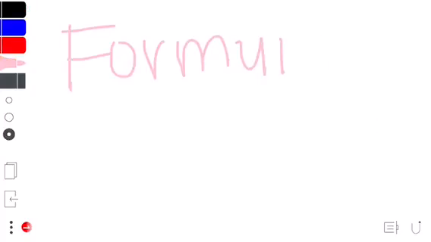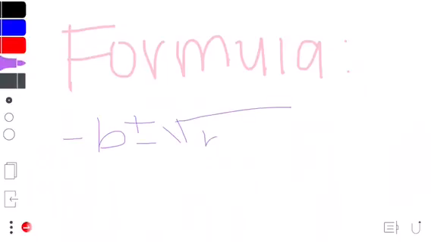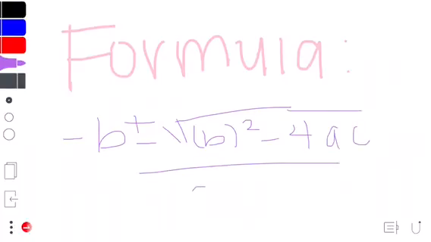The formula for this is negative b plus or minus the square root of b squared minus 4 times ac, all over 2 times a.